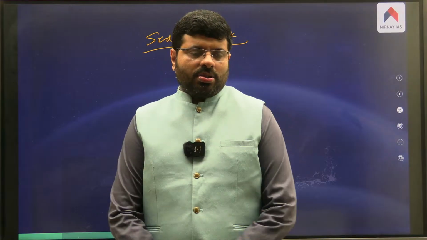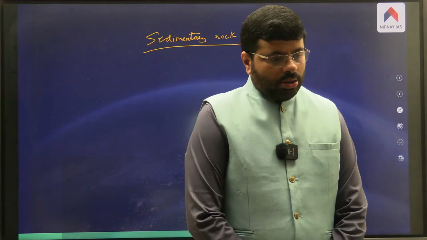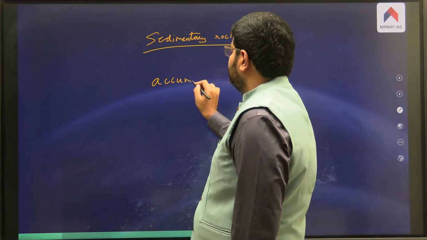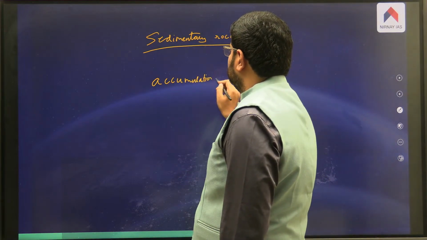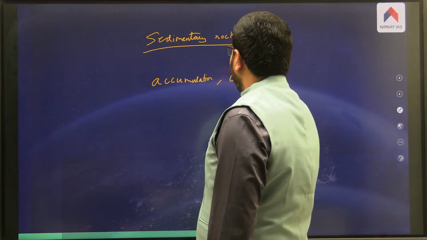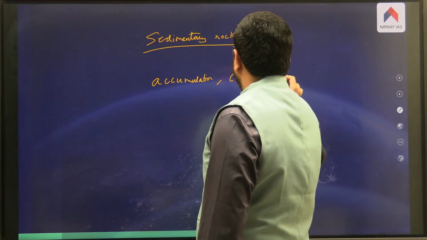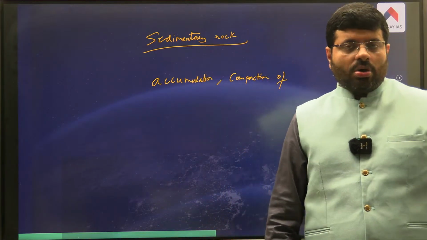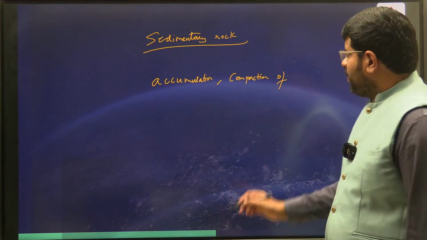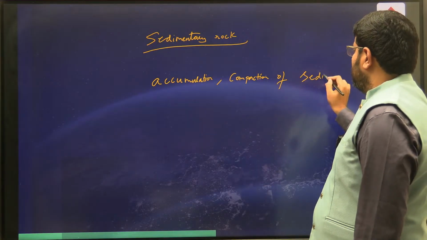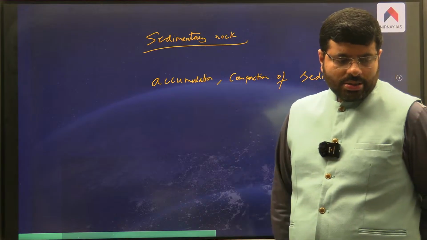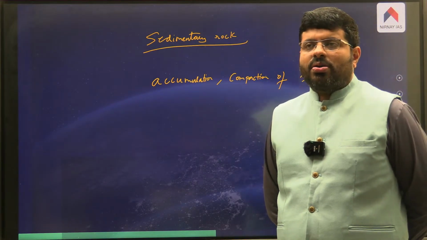See, the rocks which are formed out of accumulation and, over a period of time, compaction of weathered material or sediments, accumulation and compaction of sediments, is what we call sedimentary rocks.